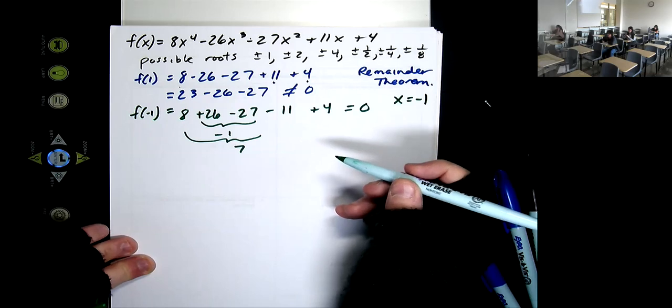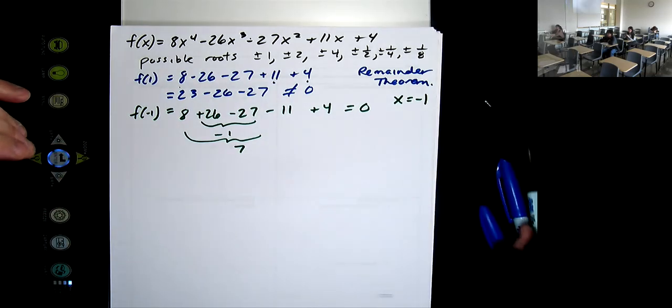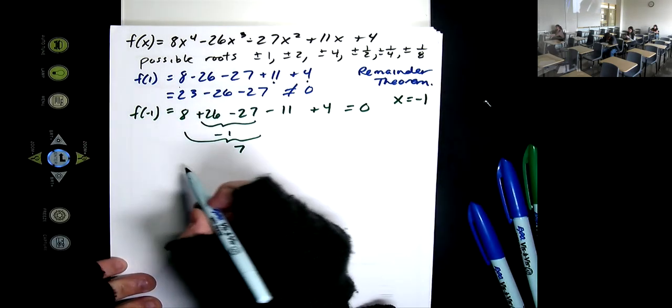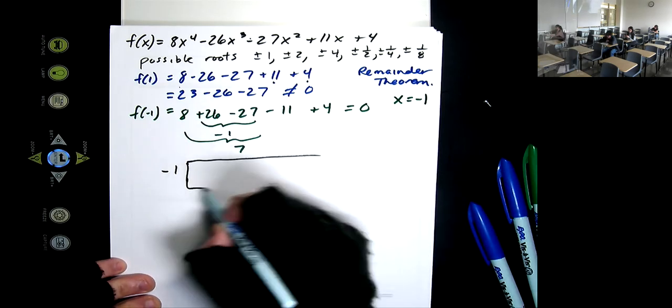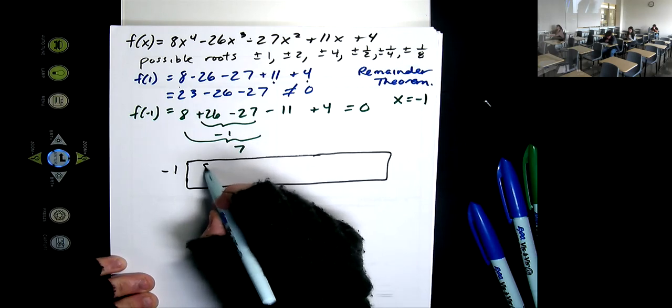And this is where I'm going to do synthetic division to find a smaller equation. Sometimes it's helpful just to do the synthetic division from the beginning.